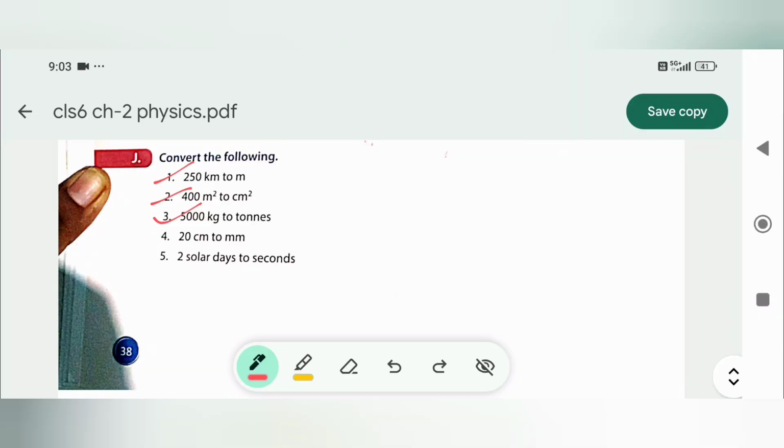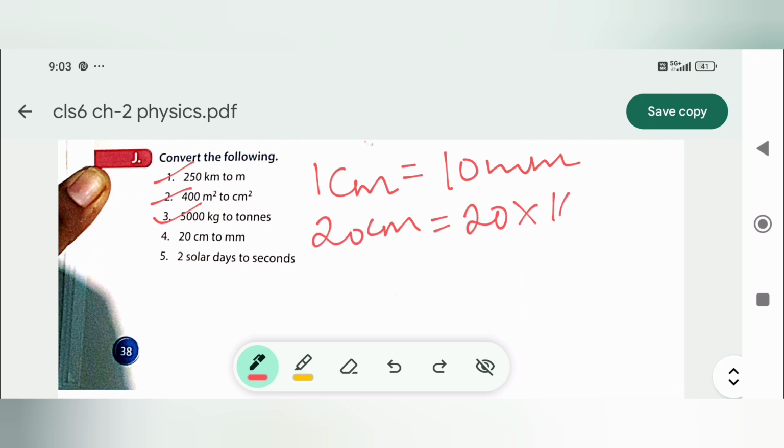Question number 4, 20 centimeter to millimeter. 1 centimeter is equal to 10 millimeter. 20 centimeter is equal to 20 into 10, is equal to 200 millimeter.